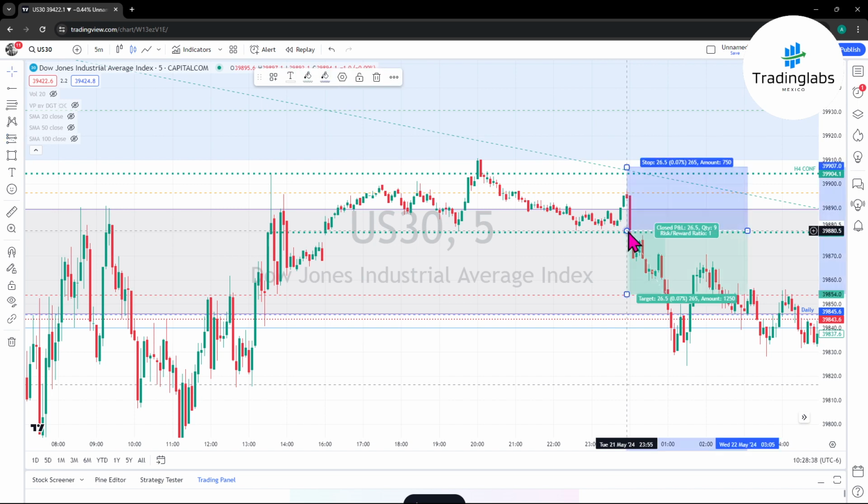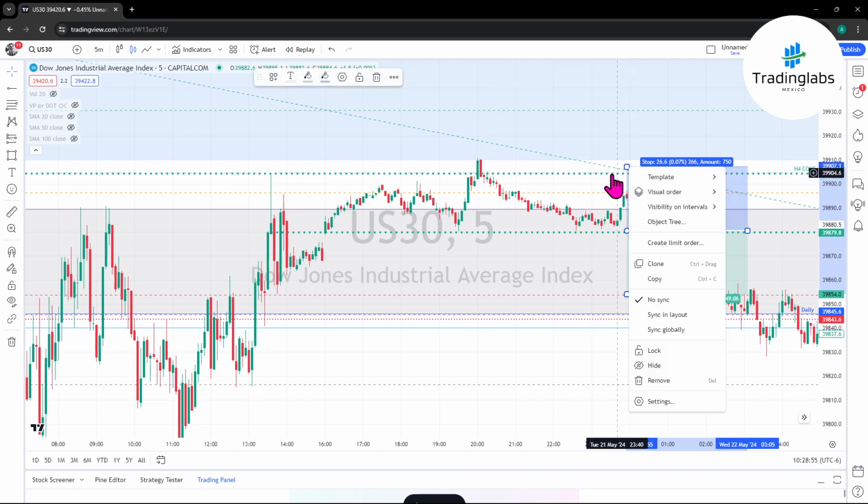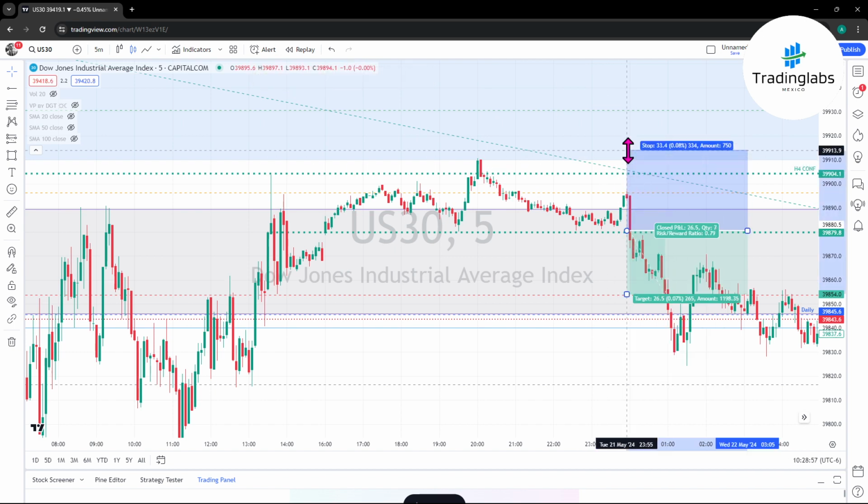You enter here for the break of this low. You are very sure that it breaks this low below Fibonacci 3.382. You know for sure that if the price goes up above this high, your trade is wrong, right?